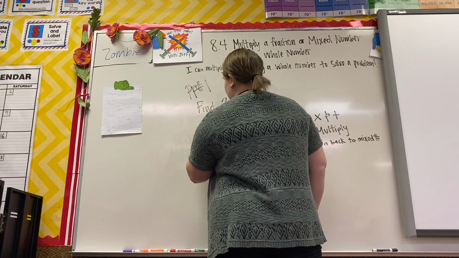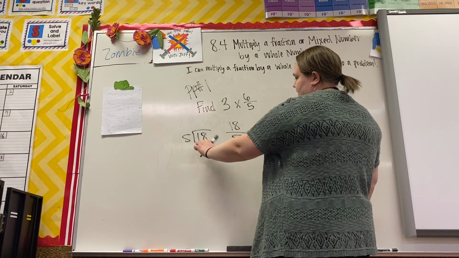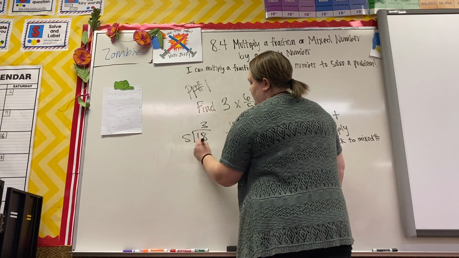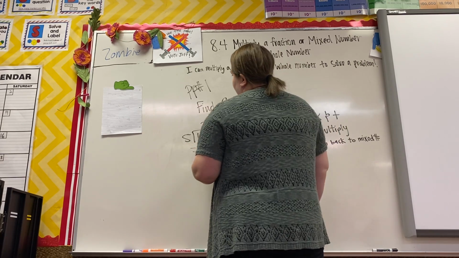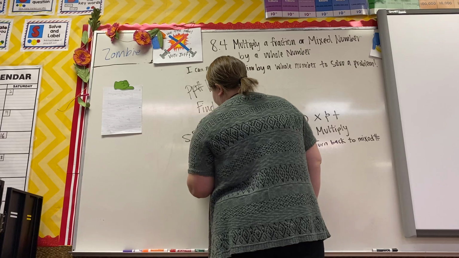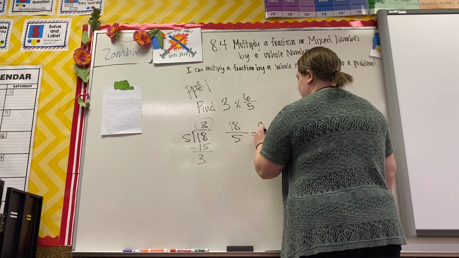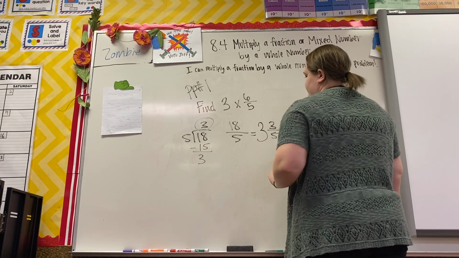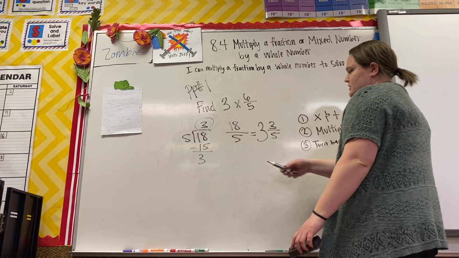So 18 divided by 5. 5 can go into 18 3 times. 5 times 3 is 15. 18 take away 15 is 3. So I have 3 and 3/5. Okay? Well, let's try number 2.